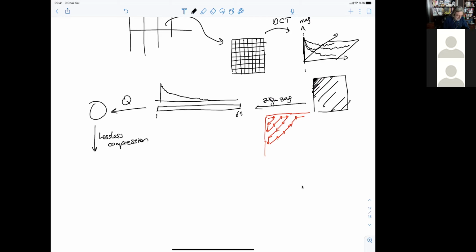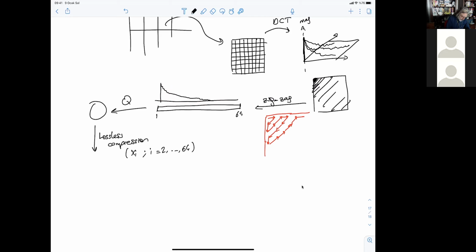Let's say it's something like Huffman coding. And this Huffman coding is done for all the elements x_i, i from 2 to 64. That is, all the coefficients except the first one.